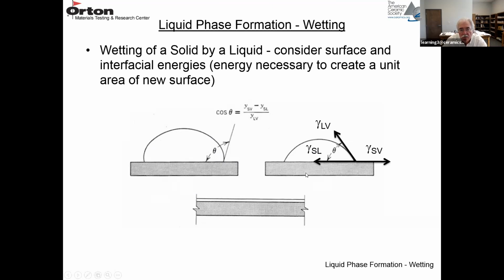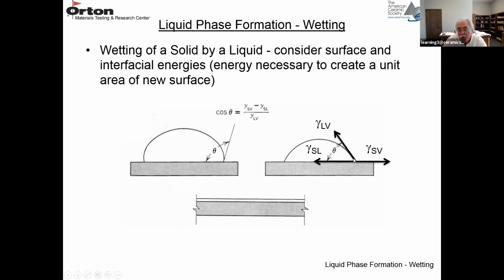There are 3 surface energies or interfacial energies involved here. There's a gamma liquid vapor, between the liquid slag and the atmosphere or the vapor. There's a solid liquid, between the slag and the refractory. And then there's a solid vapor, between the refractory and the atmosphere.